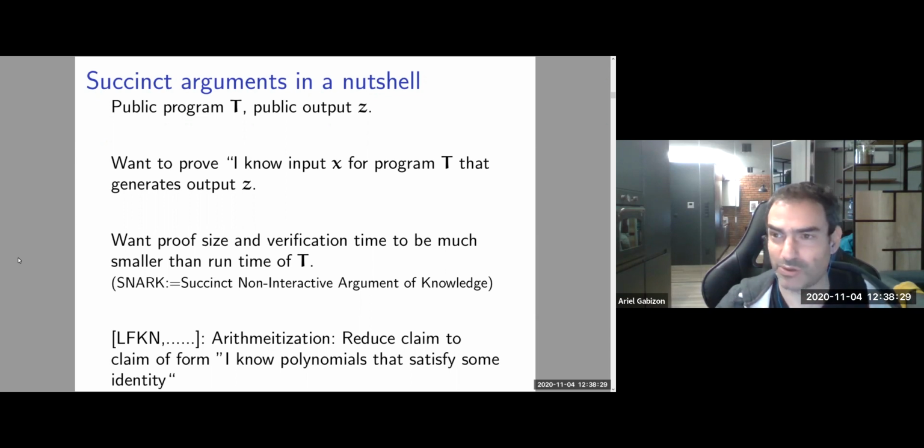Basically the approach is to reduce the claim I'm interested in, like I know the input X for program T that makes output Z, to some claim from the world of polynomials. So reduce it to the claim: I know a bunch of polynomials that satisfy some polynomial identity.